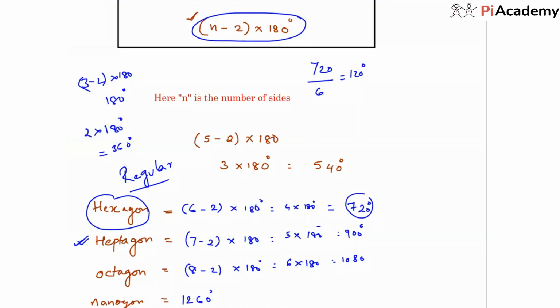So that's like 120 each. Okay. So it is 900 divided by 7, right? Heptagon has 7 angles. So 900 divided by 7 is 128.5. Good. So that's how you find it if it is a regular hexagon, or whatever it is, you divide by the number of angles. Good. Let's do some questions now.